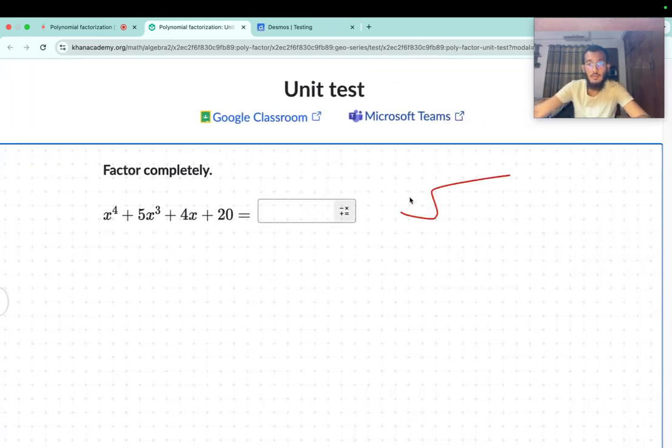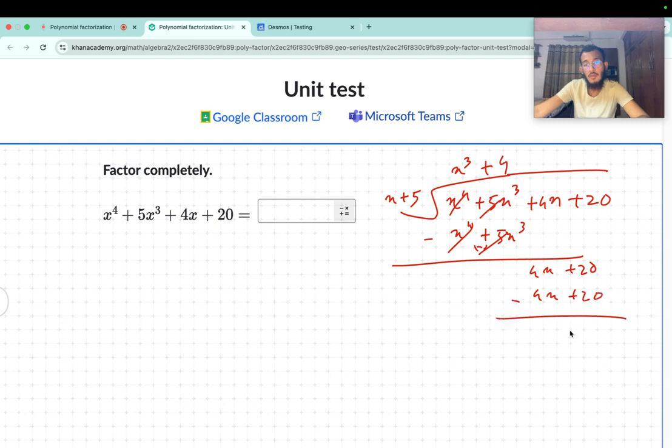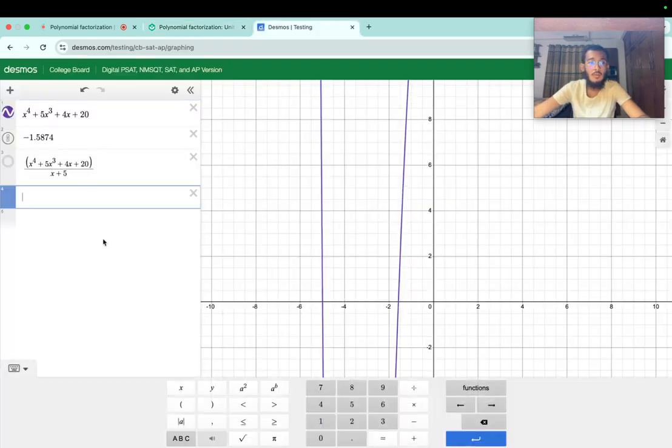So x plus 5 into x to the power 4 plus 5x cubed plus 4x plus 20. So x cubed, we have x to the power 4 plus 5x cubed. Subtract this. Cancel out 4x plus 20, so we're left with 4x plus 20, which is 4 times x plus 5. We're left with x cubed plus 4.